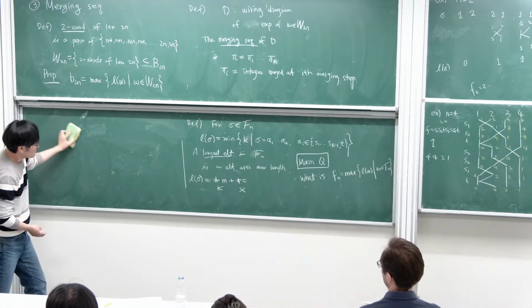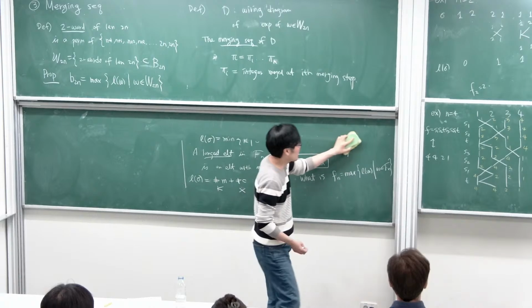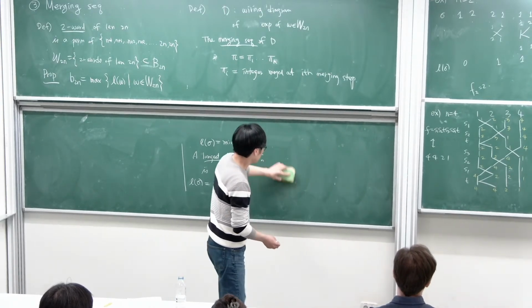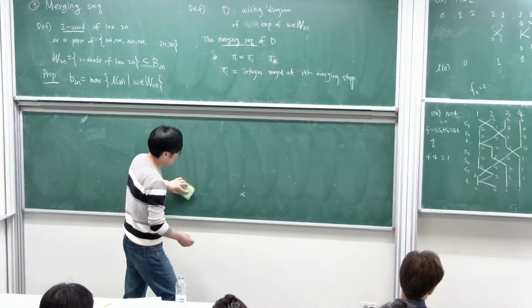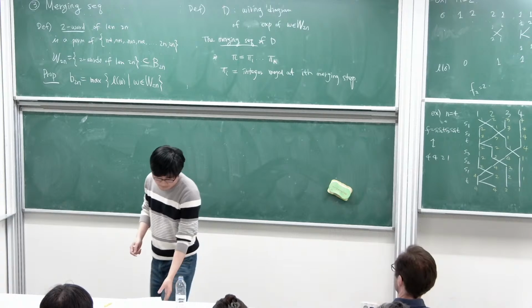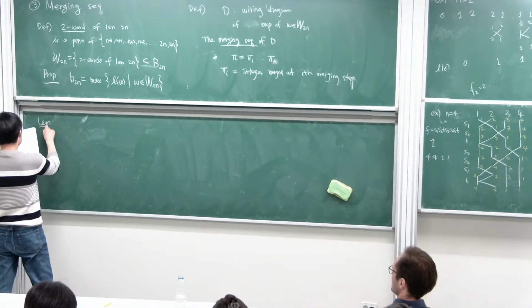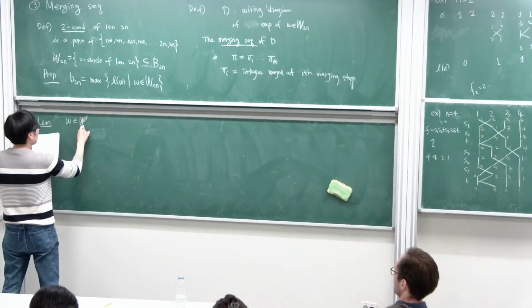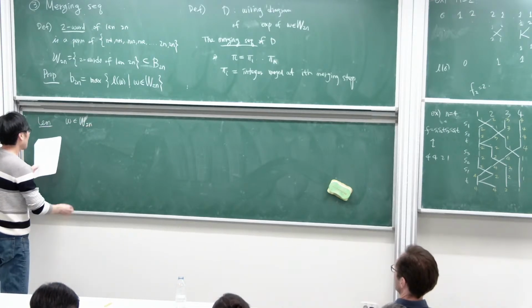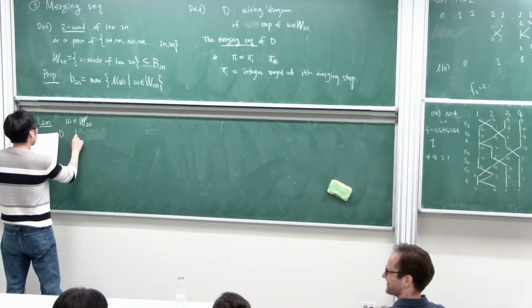But we found a theorem or proposition. Now let me state it, or lemma. So D is a wiring diagram.